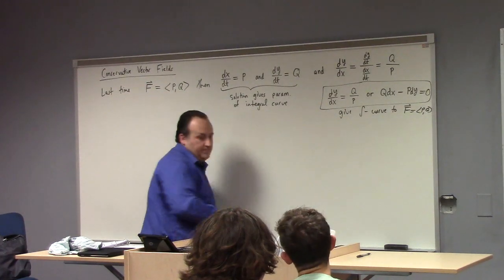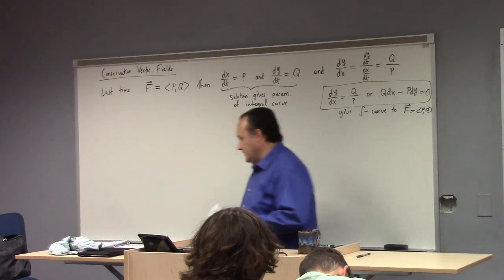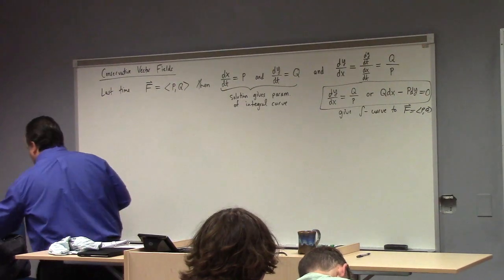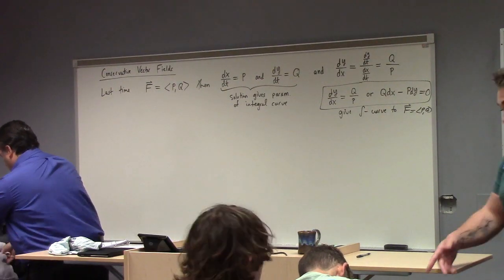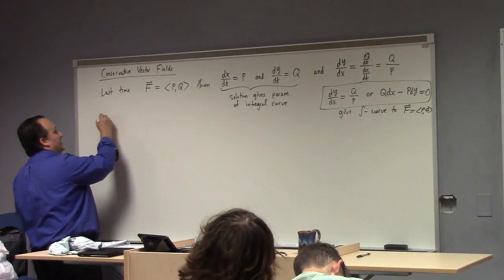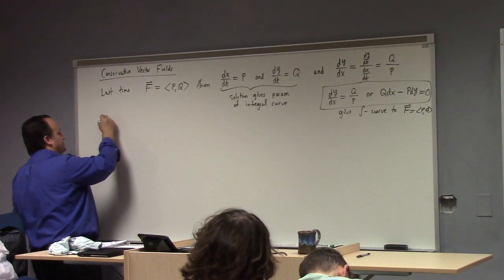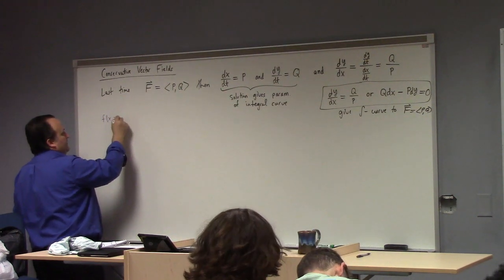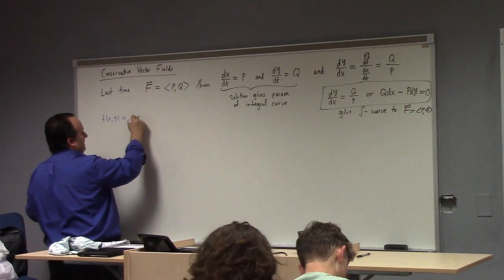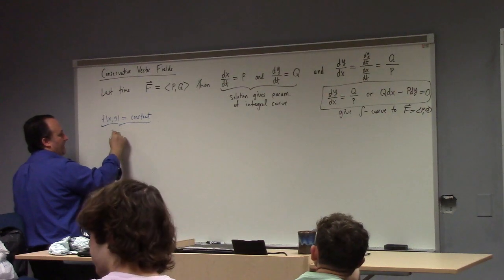So then I also talked a little bit about the concept of a level curve and the gradient function. What I talked about was simply this: if we look at little f of x comma y equals a constant, this is called a level curve, right?